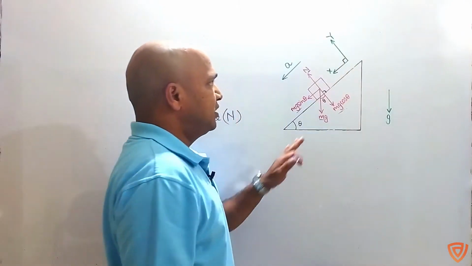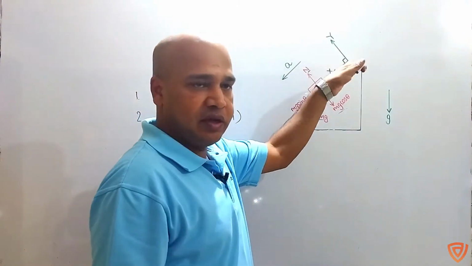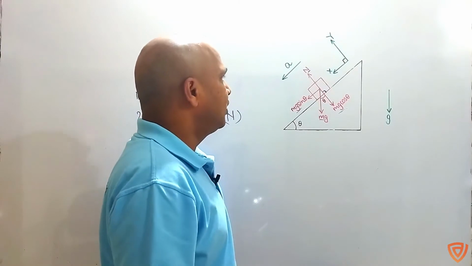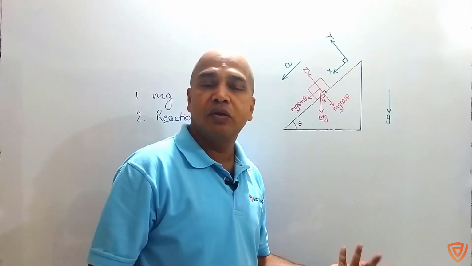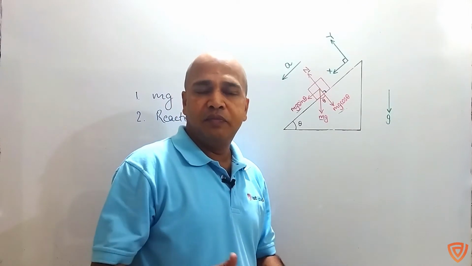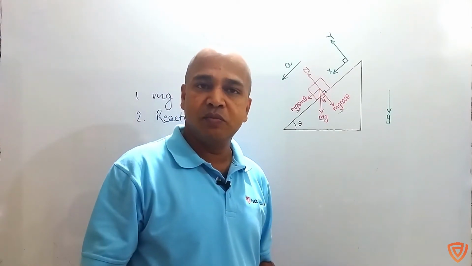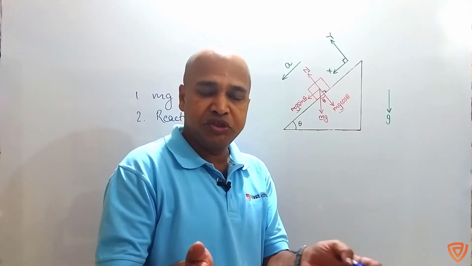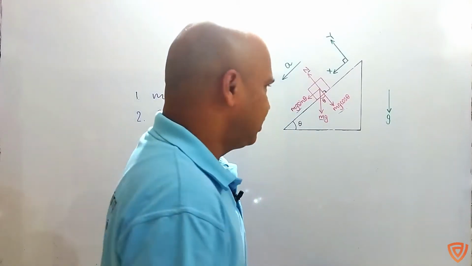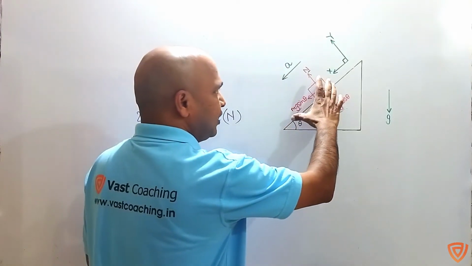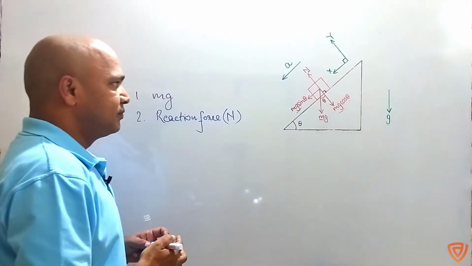Okay, so these two axes I have chosen like that. Now if something is moving, according to Newton's law, the net force will be responsible for that motion, and that will be equivalent to m into a, right? So what is the net force along the x-axis?